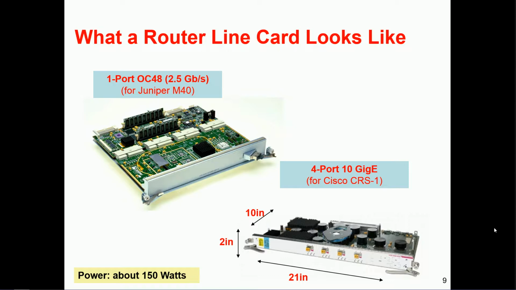Within that, we have them very modular, which means we could add cards depending on our needs. So if we need fiber, if we need InfiniBand, we could add and remove items as we need. For example, our Juniper add-on card here, it was an M40 add-on card. It was a 1-port OC48 slot, or basically an add-on card that would allow it to process 2.5 gigabits a second for an OC48 line.